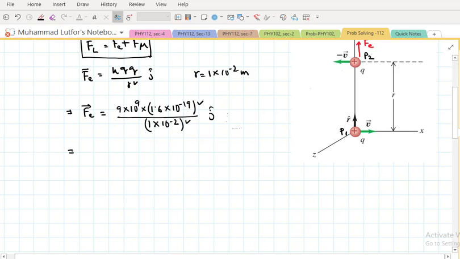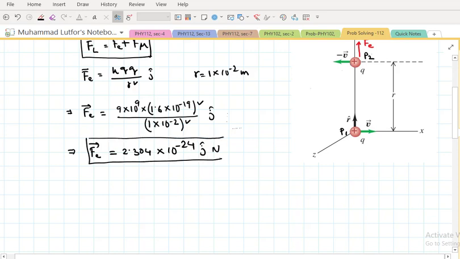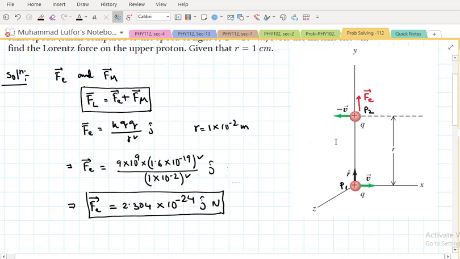If you solve this, you will find the electrostatic force on proton 2 provided by proton 1 is 2.304 times 10 to the power minus 24 j hat newtons. That means it is towards the y direction. This is the electrostatic force on proton 2.